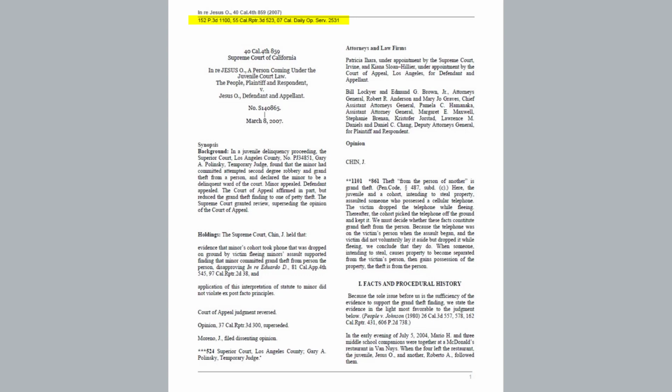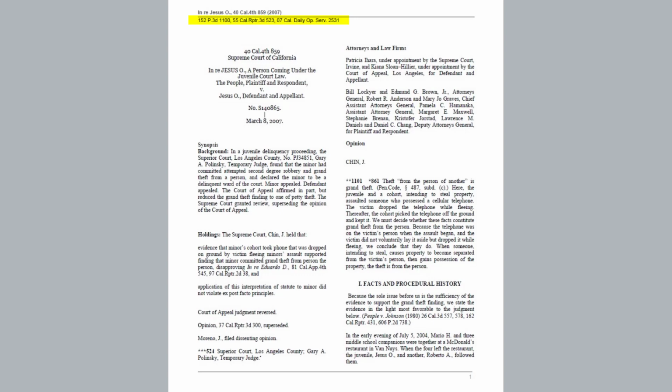And the last one, 07 Cal Daily Op Service, stands for California Daily Opinion Service, which is another temporary location, usually daily or electronic, where lawyers could find the cases. When this first came out in 2007, that might have been the only place you could find it at first. But now this case can be found in all 4 of those locations: the Cal, the Pacific, the Cal Reporter, or the Daily Opinion Service.